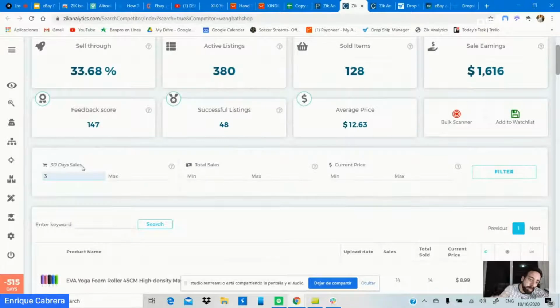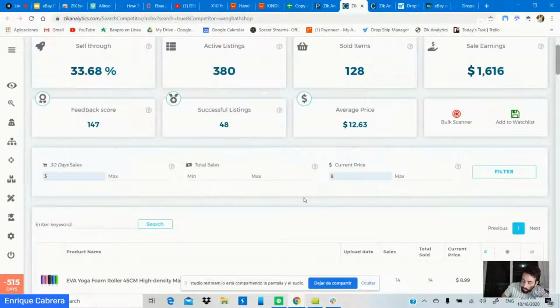And this is super important, guys, the current price. Well, this is important because remember, when it comes to pricing, you want to be competitive. If you want to source a product, you want to be competitive towards your competition. The way to do that is being cheaper and having the best shipping method possible, along with your business policies.